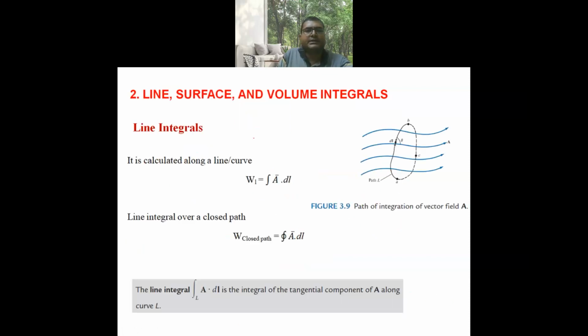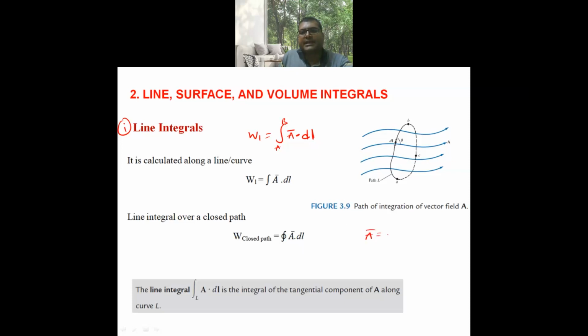The line, surface and volume integrals. The first one is line integral. Line integral is calculated over a line or curve. Here the line integral over a line from point A to point B over a vector a bar, and here dl is the differential length vector.